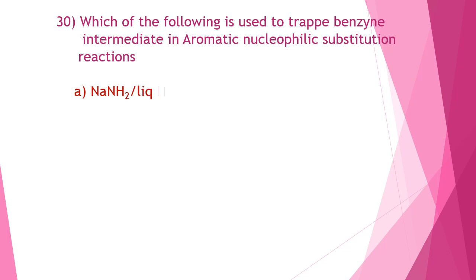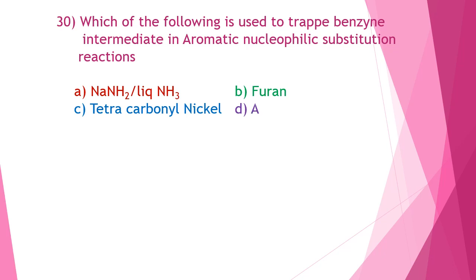Option A is NaNH2 in liquid ammonia. Option B, furan. Option C, tetracarbonyl nickel. Option D, acetonitrile. Here the correct answer is furan.